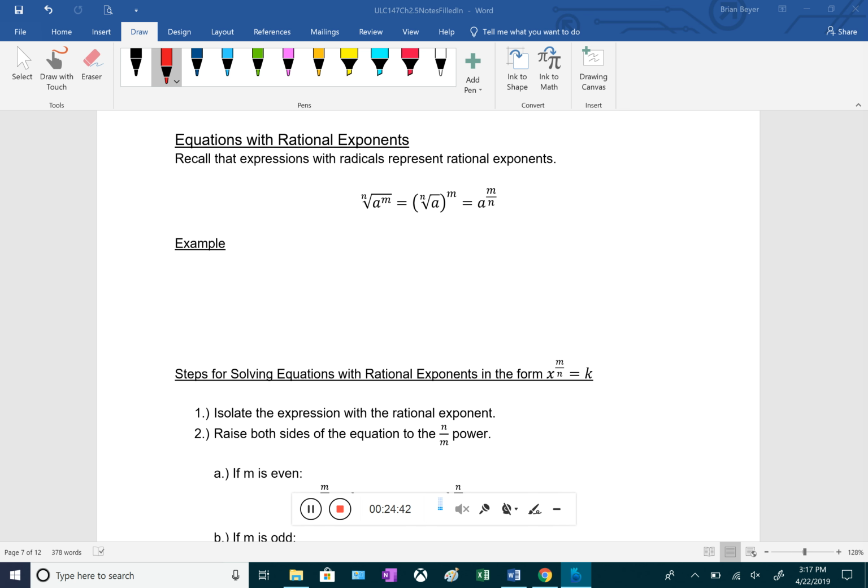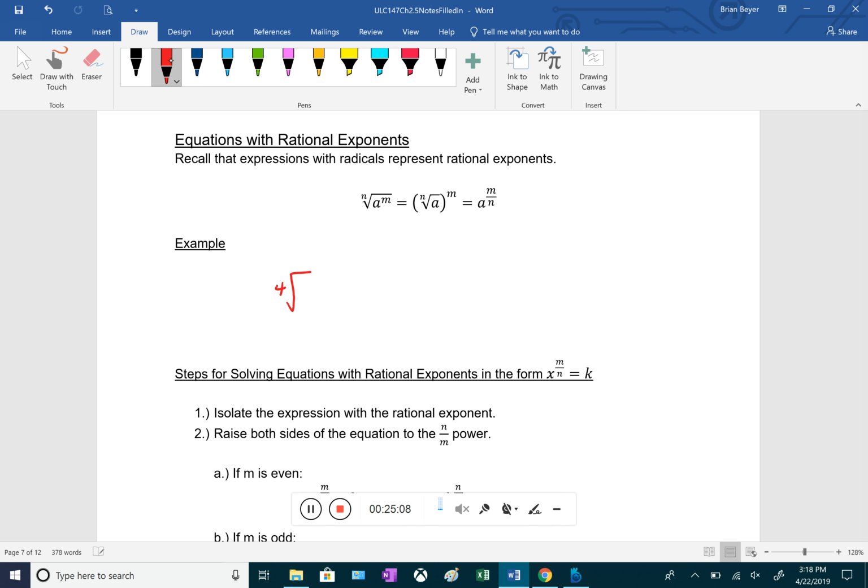So if we have the nth root of a to the m power, we can rewrite that as the nth root of a and then raised up to the m power, or we can write it as a raised up to the m over n as a fraction, as a rational exponent.